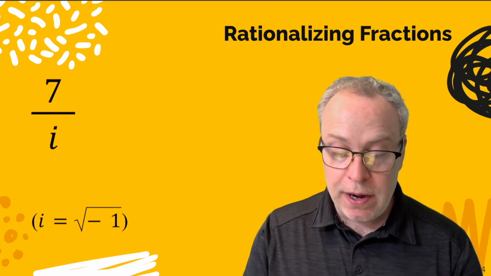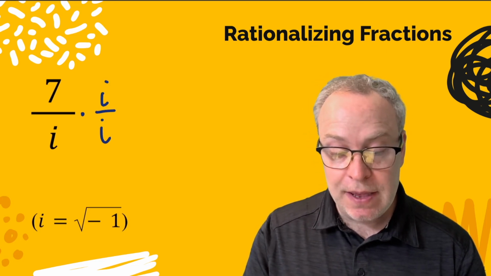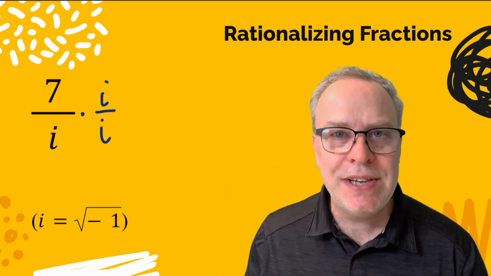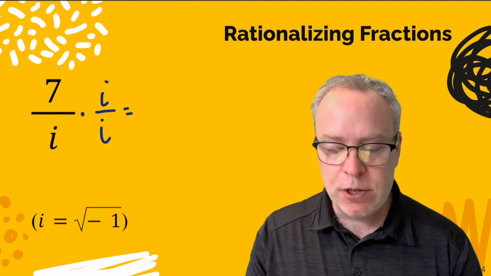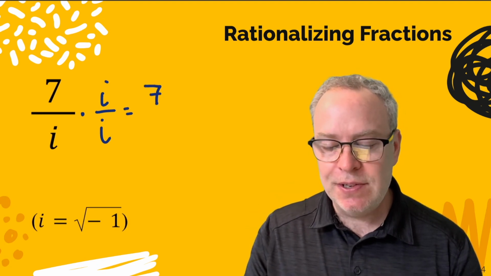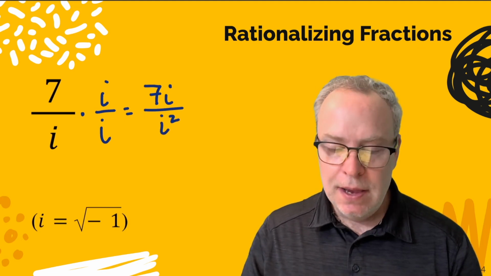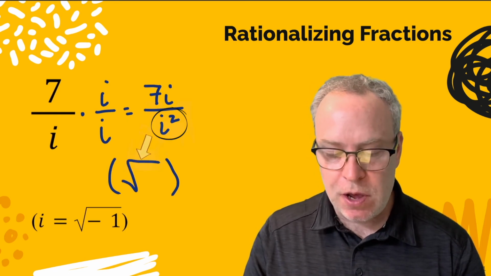Now, to get rid of that radical in the denominator, we multiply by it over itself, right? i over i. Now you might say, well, don't those i's cancel? Yeah, that's the point. We're multiplying by the number 1. We multiply straight across and we get 7i over i squared. Now, again, those of you who have worked with imaginary numbers quite a bit, you probably know this.